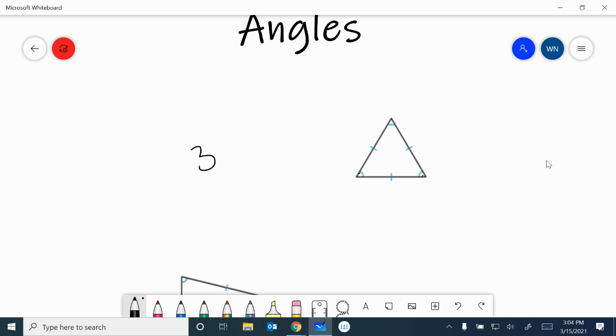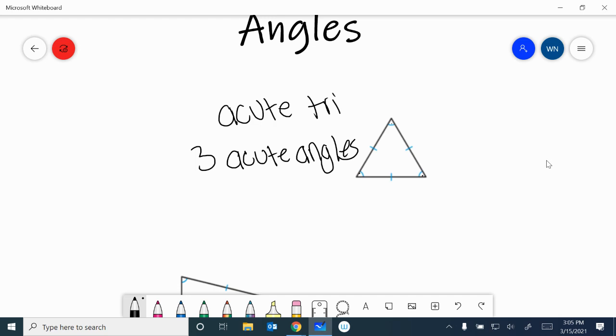So if a triangle has 3 acute angles, it is called an acute triangle. So if all of its angles are under 90 degrees, 3 acute angles, then it is called an acute triangle.